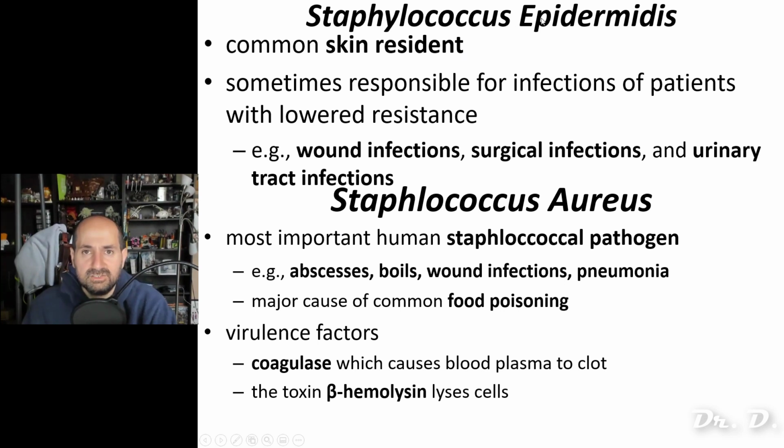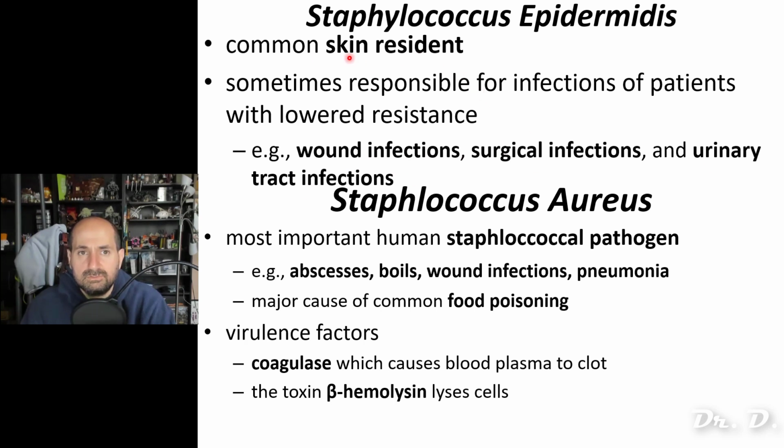And again, I should have put a lowercase e here for this epidermidis, a lowercase a. I think it just got rearranged. But remember proper binomial nomenclature. But anyway, let's talk about Staphylococcus epidermidis, skin resident. You can find this in a surgery gone wrong, a wound infection, surgical infection, urinary tract infections.